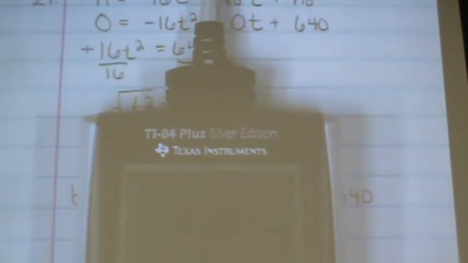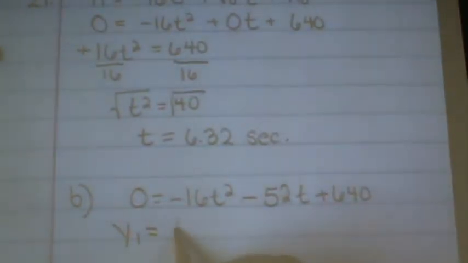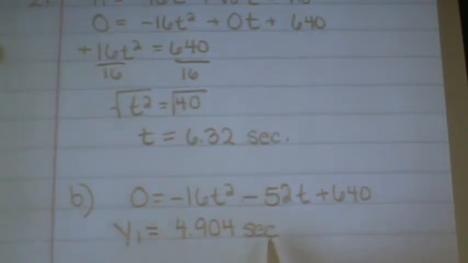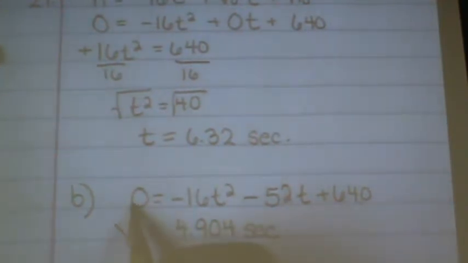There's a negative answer, and then you want this positive answer because you don't want the negative time. Hit second calc 0, and it looks like it's between 3 enter, 7 enter. Your answer is 4.904 seconds. So if you throw something downward, the velocity is negative. That's the height of where the object is, and you want to know when it's going to reach the ground.